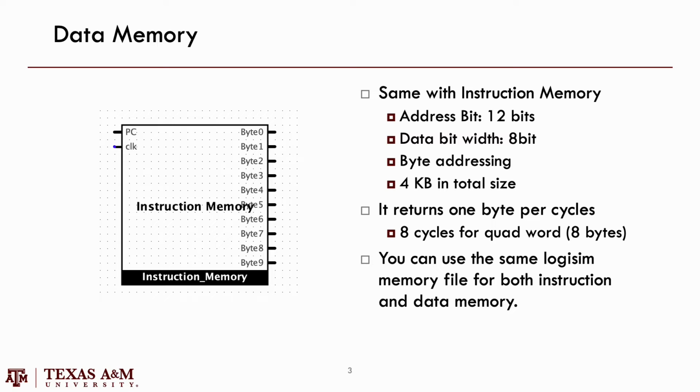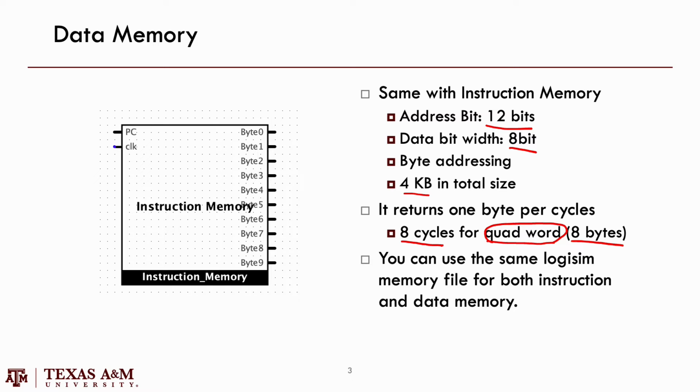In my case, I'm using 12 bits for the address and 8 bits for the data, and it is byte addressing, so 4K bytes in total size, and it returns 1 byte per cycle. It is all the same with the instruction memory, and it takes 8 cycles to read a quad word, which means 8 bytes.